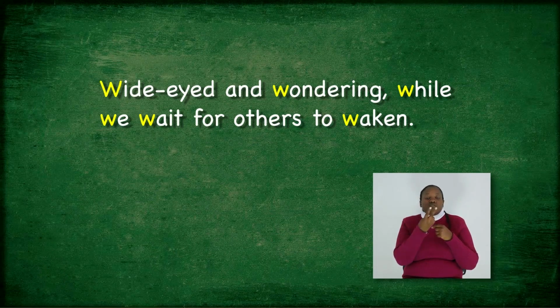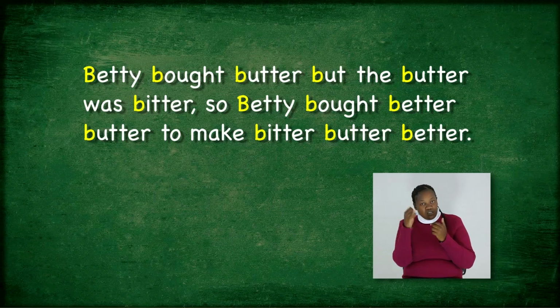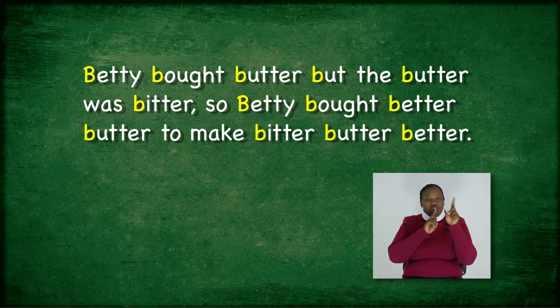I have another one for you. Betty bought butter, but the butter was bitter. So Betty bought better butter to make the bitter butter better. Oh my goodness, I have to find a bathroom. Wow, ma'am. That was a good one. You're very funny. Well, since you all find everything so very funny, I will not endeavor to tell you what personification is.